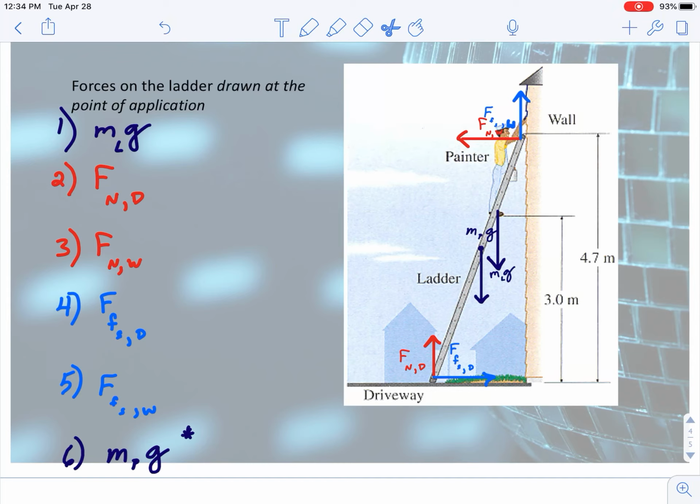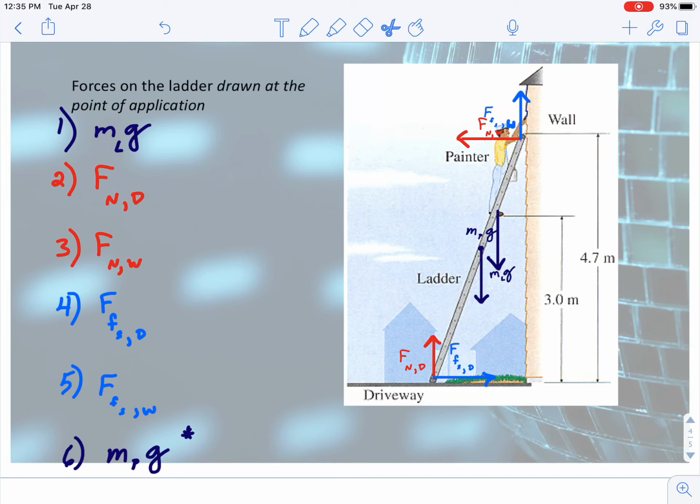And so if you were asked to draw the forces at the point of application, you just need to think about where that force is actually occurring on the object, because that's going to be important in determining whether or not the object starts to rotate.